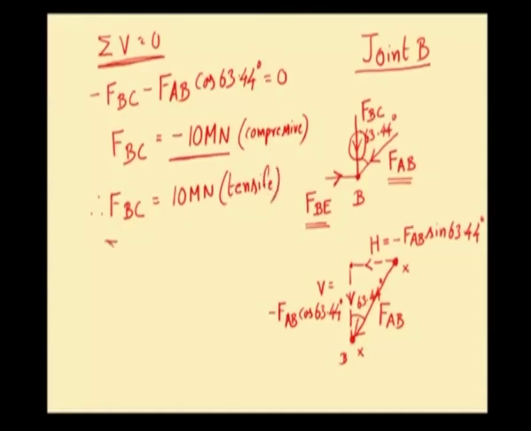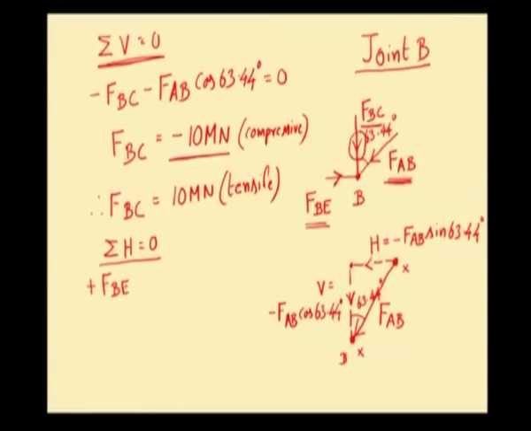Now, let us apply the second equilibrium equation, which is sigma H equal to 0. FBC is a vertical force, it does not have any horizontal component. FBE is already a horizontal force, it moves towards right. So, we should have a positive sign for it. So, plus FBE.